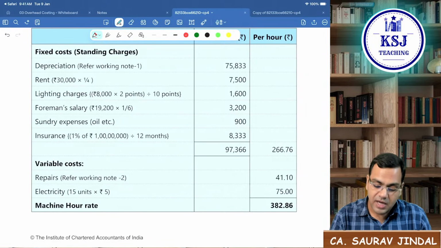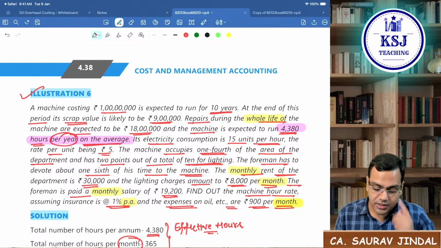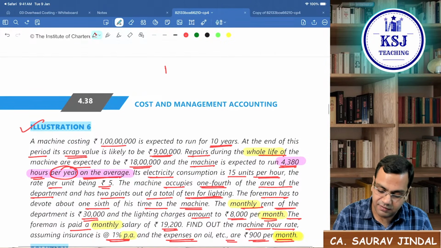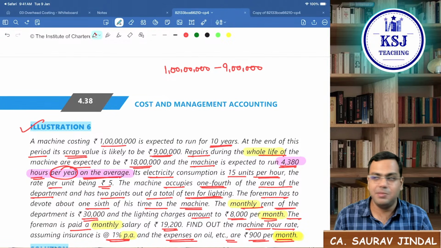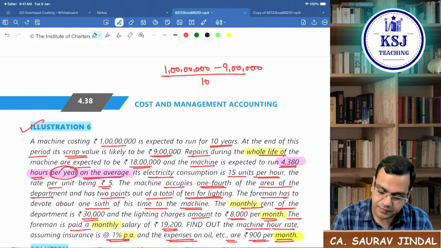Depreciation. Now, how will you charge a depreciation? 1 crore is the value, scrap value is 9 lakh, divided by 10 years. So it will be 1 crore of the value minus 9 lakhs of the scrap value. That means this will come to 91 lakhs divided by 10.